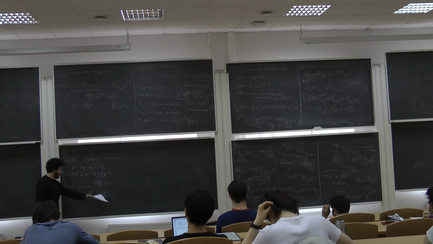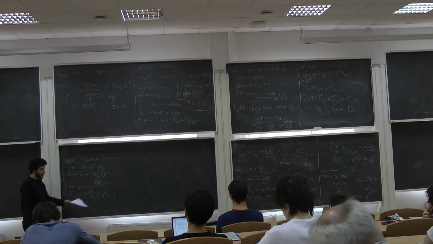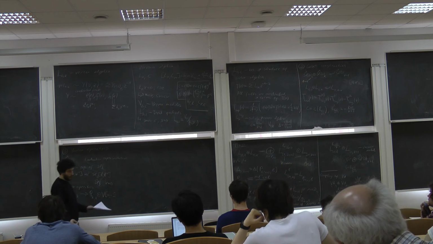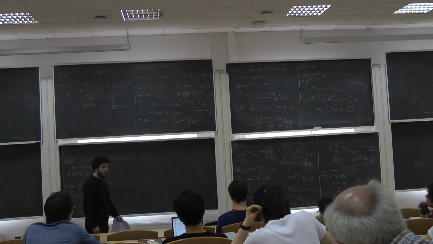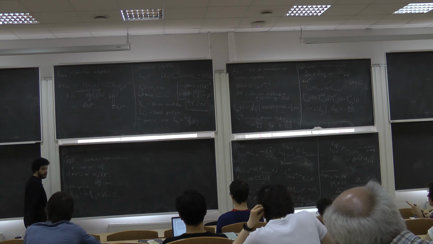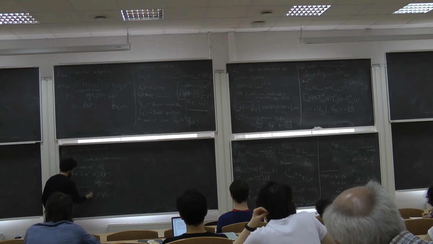This has level 0, the levels on the left side and right side are the same, so such an operator could exist. Phi is an intertwining operator. This is V. This is V, yes.